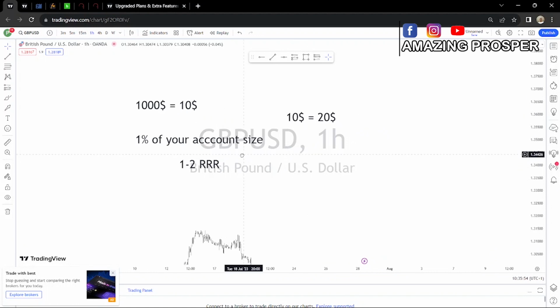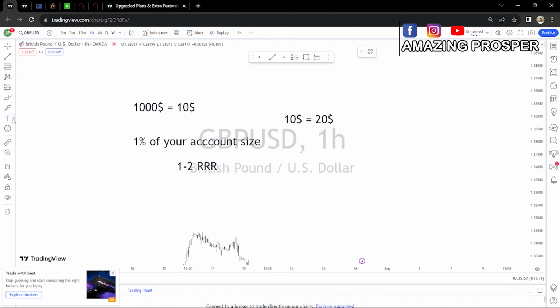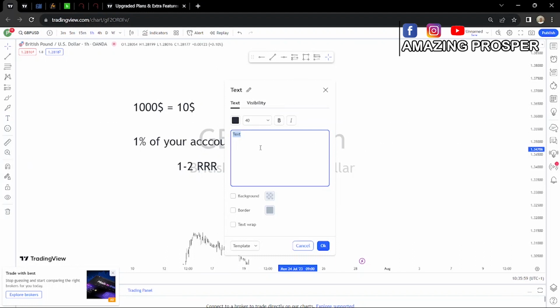In a case where you enter 10 trades, let's show it in a practical way. Trade number one, win, $20. Two, win, $20. Three, win, $20. Four, win, $20.